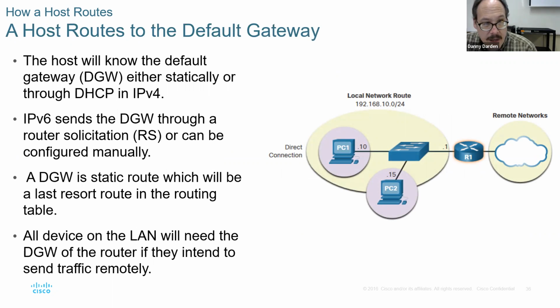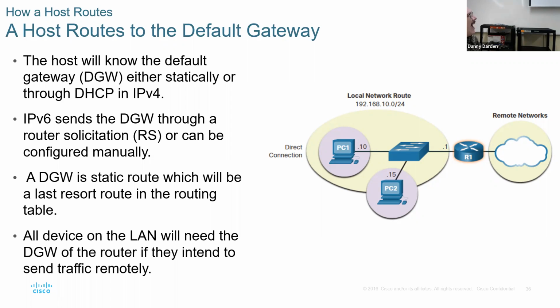So, going back into routing, just the simple version of it. Now, Cisco will abbreviate default gateway as DGW. So when you see that, default gateway is what that means.